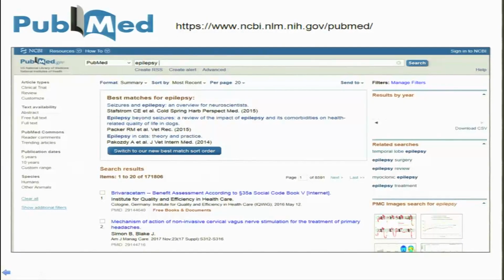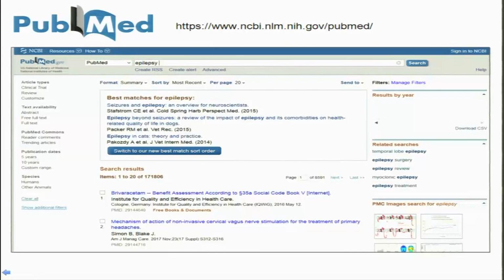It's called PubMed. It's given on the top, and most of the papers that I discuss are from this search engine. I give some query words, get the paper, and read. So what I have done is I have just entered the query "epilepsy," and it lists a large number of papers.